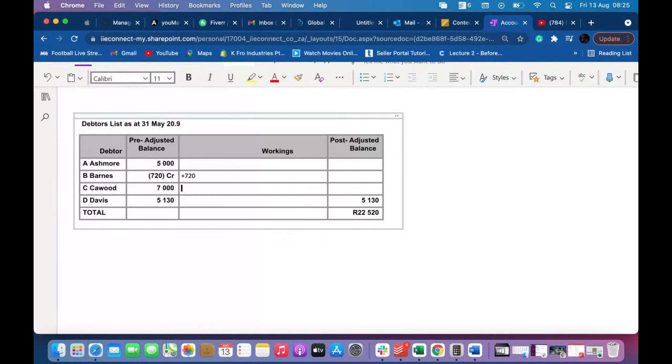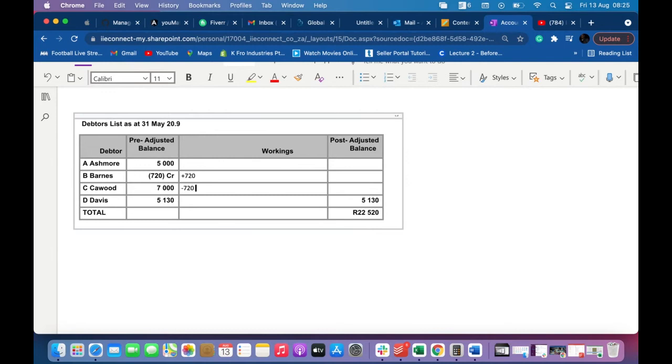Then remember, this is supposed to be for C. So we now remove this. Just do this 720. Done. Awesome stuff. Now we've dealt with number two, so you can even cross that out. I like to cross things out so I know I've dealt with it and I can continue.